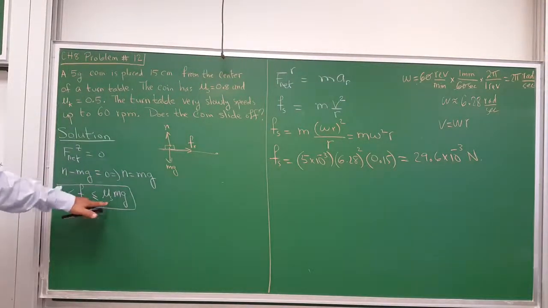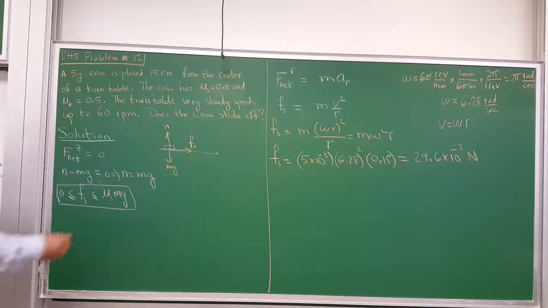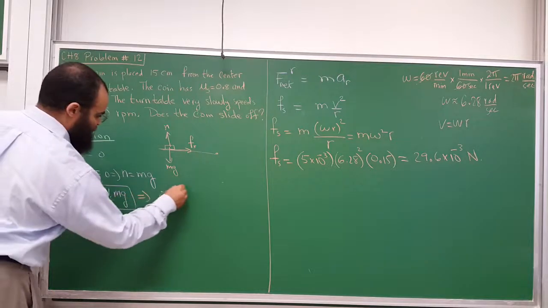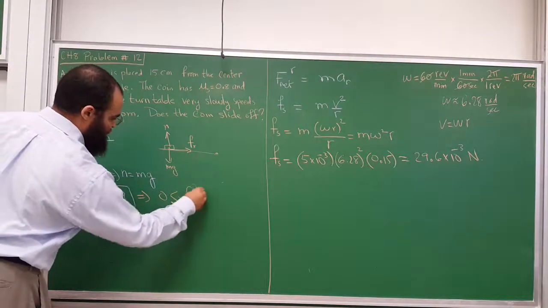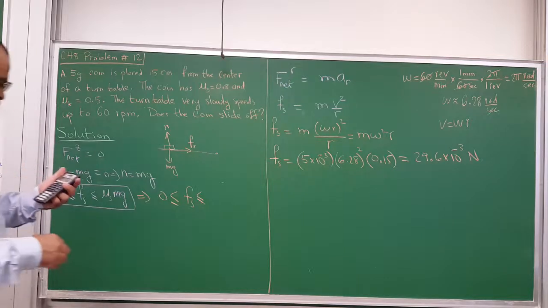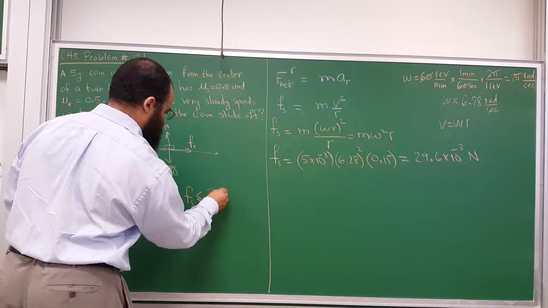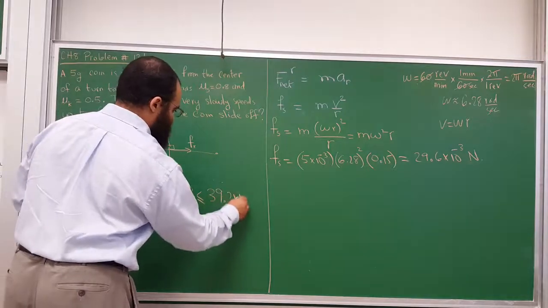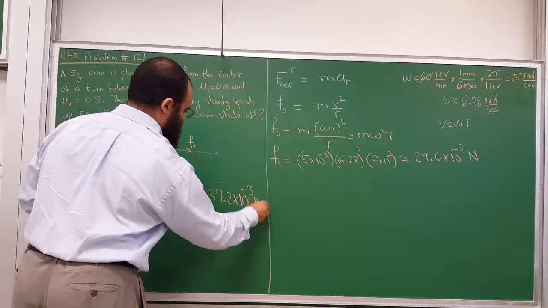So let's calculate the maximum force of static friction here. μs is 0.8. The mass is 5 grams, so 5 times 10 to the minus 3 times 9.8. So I get 39.2 times 10 to the minus 3 newtons.